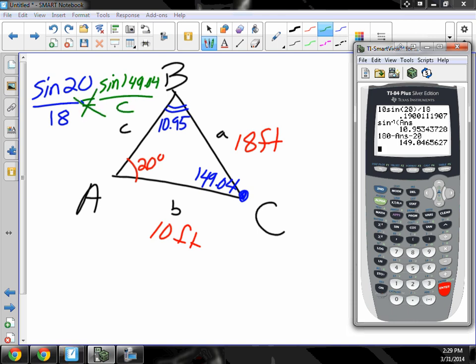Cross multiply. So c sine of 20 equals 18 sine of 149, and divide by the sine of 20.